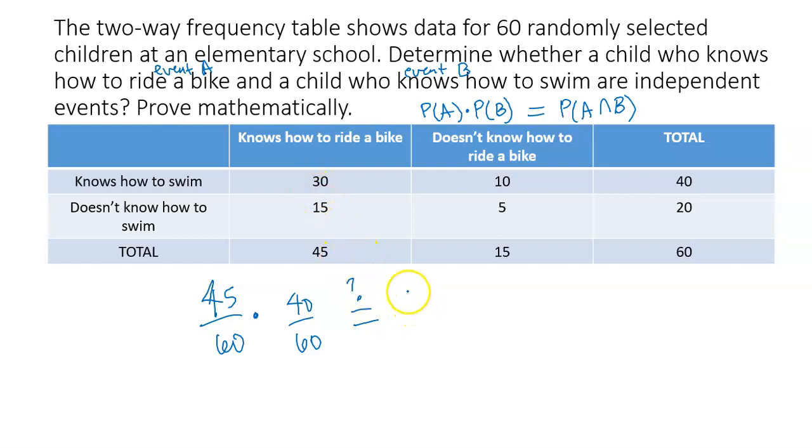So that would be 30 out of 60. So this side would be 50% or 0.5. And I'll check the other side quickly. And that does also come out to 0.5. So remember, multiply the top times the top divided by the bottom times the bottom. So 0.5 equals 0.5. They are equal, so yes, these are independent.